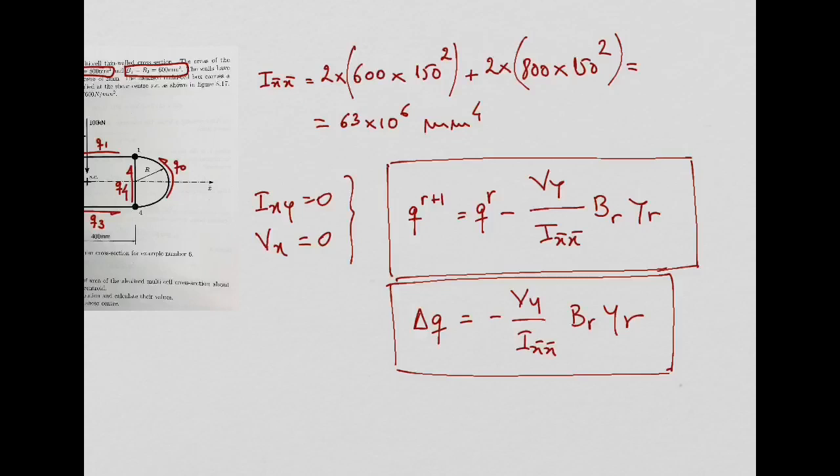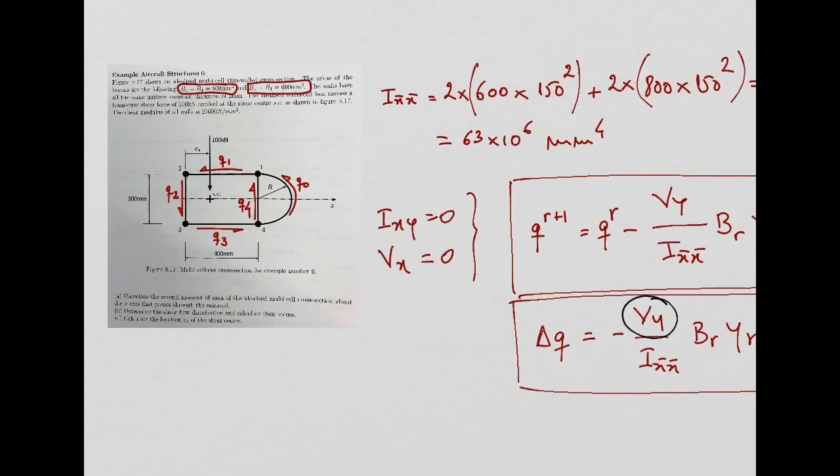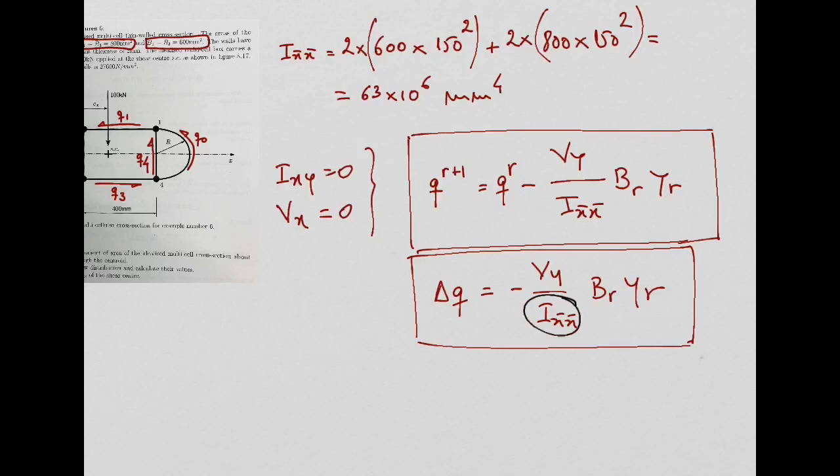And we have everything. Look, this is the transverse shear force, which is given, this 100 kilonewtons, right? This is the second moment of area we just calculated. This is the area of the boom. This is the distance to the neutral axis. So we have everything. We can start crossing the booms, right?